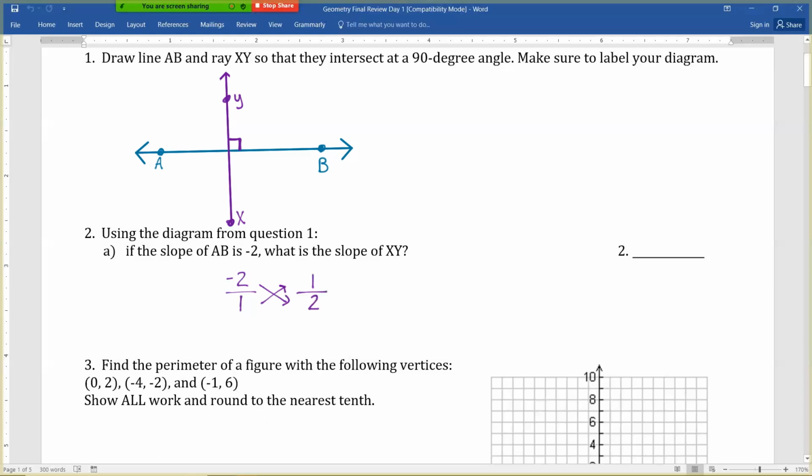Well, the original was negative, so mine I want positive, then I'm flipping the 2/1 to be 1/2. So the slope of XY is going to be positive 1/2. We took that -2, made it a fraction, and flipped it over.